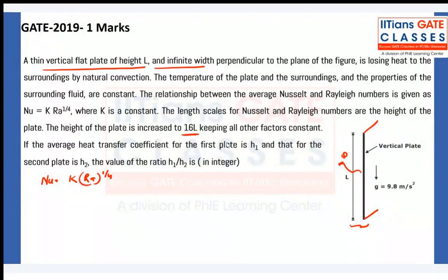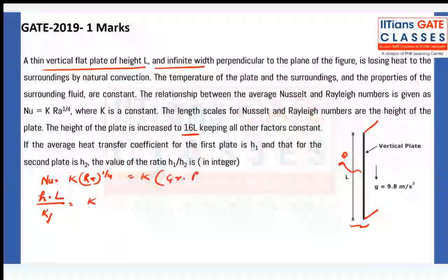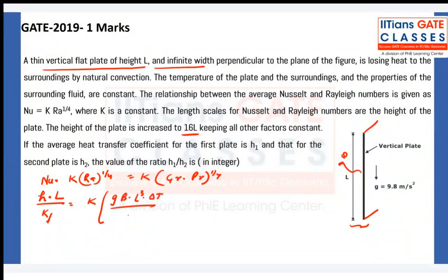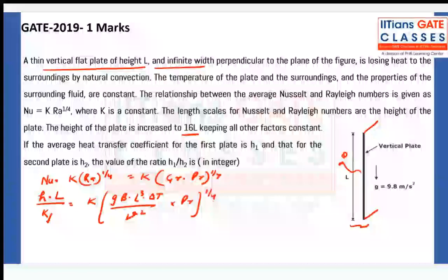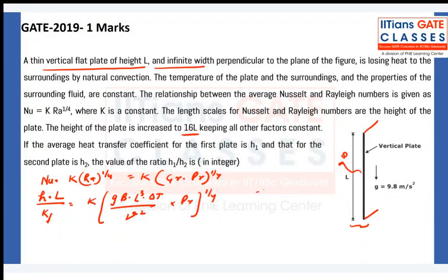Can I say HL by K of fluid is equal to K times Grashof number into Prandtl number to the power 1 by 4? Grashof number is g beta L cube delta T upon nu square. Now, can I say that H into L is proportional to L to the 3 by 4?